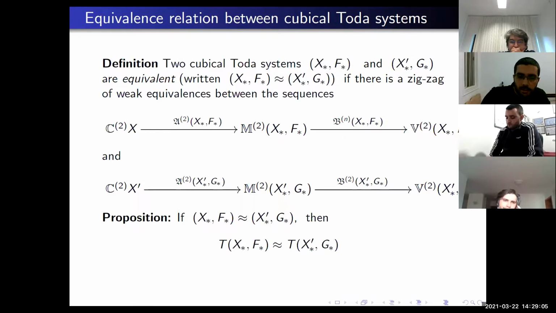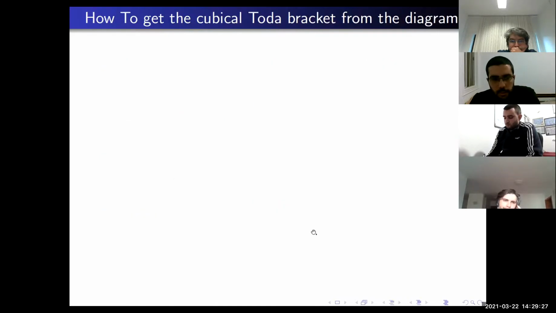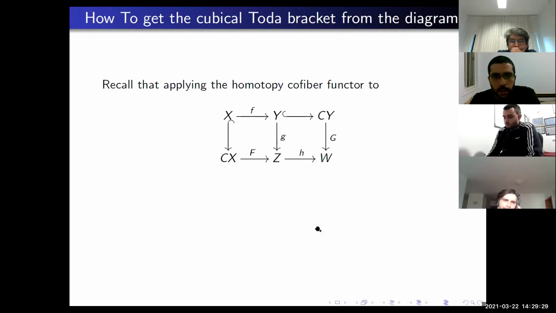Okay, and we can get the following result: if we have two equivalent Toda systems, then the corresponding Todas, the Toda for this Toda system, are the same, equivalent also. Why do we get this? Because of what I explained before, how we get the Toda from the diagram.